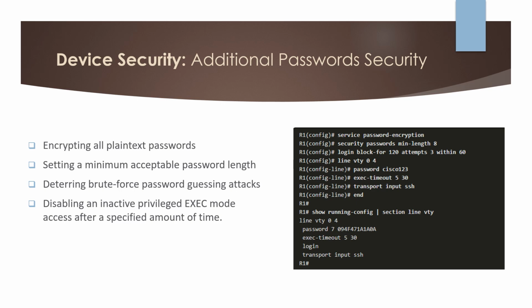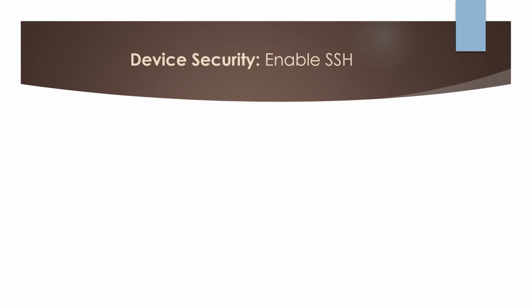Another way of securing your device is to enable Secure Shell, SSH. Telnet simplifies remote device access but is not secure. Data contained within a Telnet packet is transmitted unencrypted, and for this reason, it is recommended to enable SSH on the device for secure remote access, because the data transmitted using SSH is encrypted and not easily guessed by threat actors.